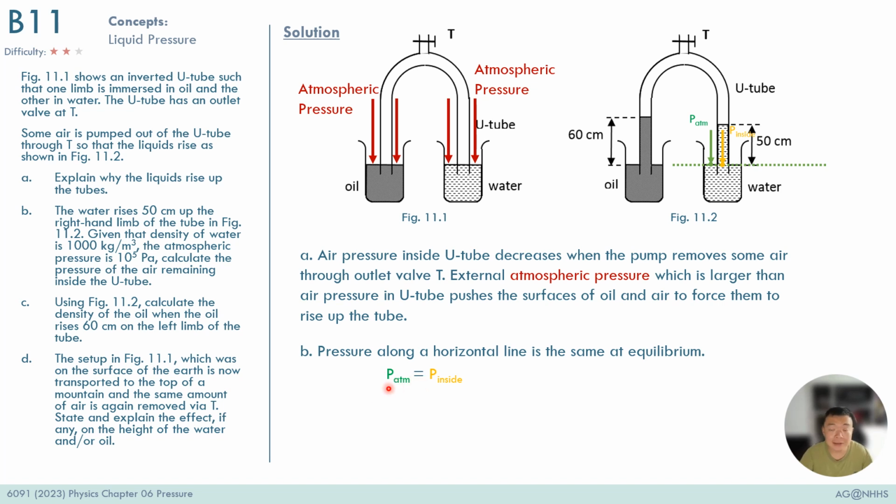I've color coded the equation based on the diagrams, and the inside pressure is made out of the whole column of liquid pressing down, and also the air pressure that is pressing down on the water, which is pressing down at these points. Rearranging the equation, we will get the pressure of the air that remains in the U-tube to be 95,000 Pascal.